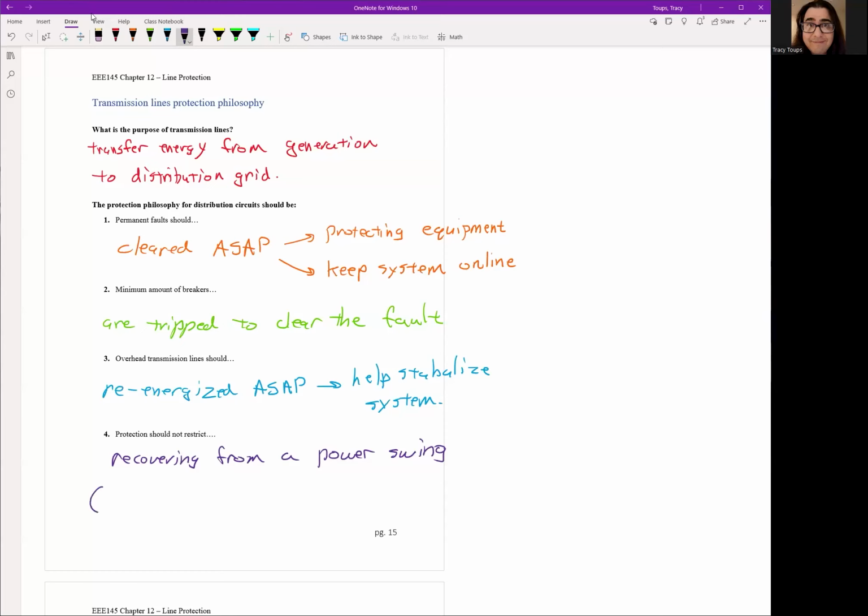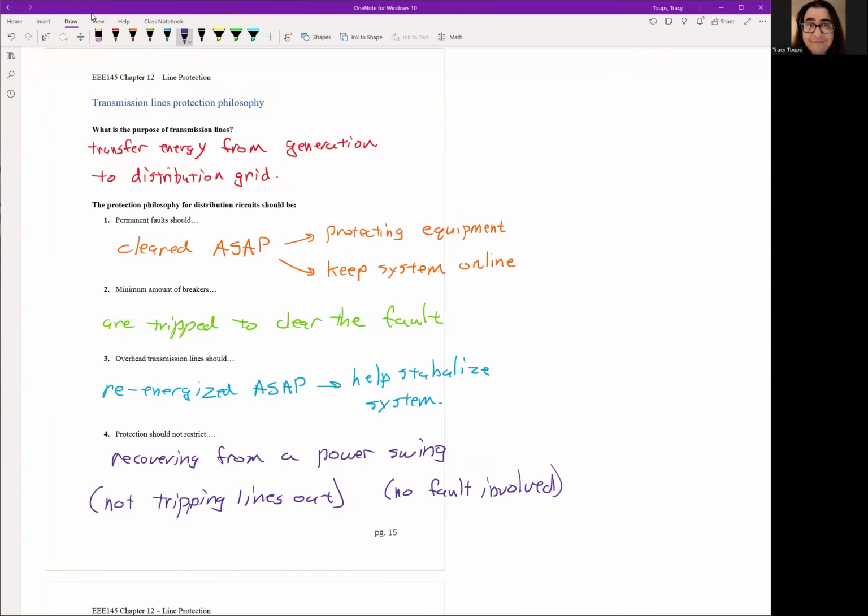And this means not tripping lines out. Okay. And remember this, there is no fault involved. Obviously, if there's a fault, you need to trip offline. But in a power swing, it's typically just generators fighting each other or a sudden loss of load somewhere.